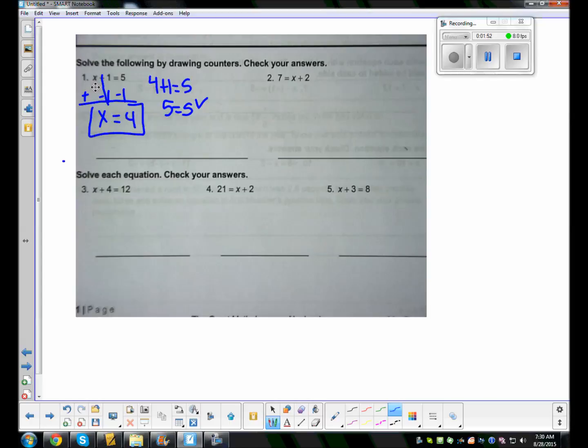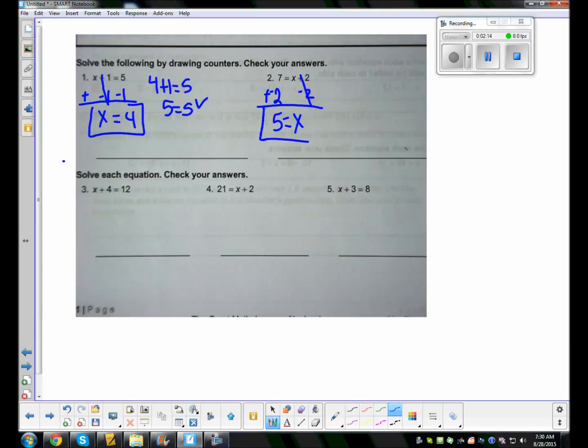Number 2, we're going to add the opposite, and this time the x is on the opposite side of the equation, but it doesn't matter. We add a negative 2 to this side so that it goes to 0, and a negative 2 to the 7 so that both sides stay balanced, and I get 5 is equal to x.